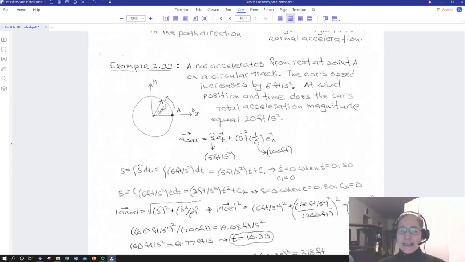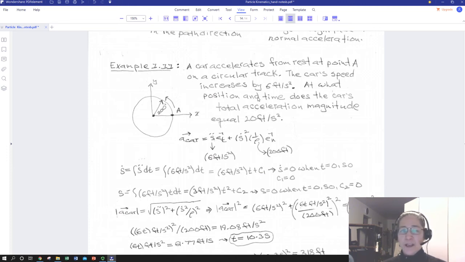Okay, last little bit of this very long lecture, an example of our normal tangent. We've got a car that accelerates from rest on a point on a circular track, and the car's speed increases by 6 feet per second. Speed increases, so this looks like an s double dot to me. At what position in time does the car's total acceleration magnitude equal 20 feet per second squared?